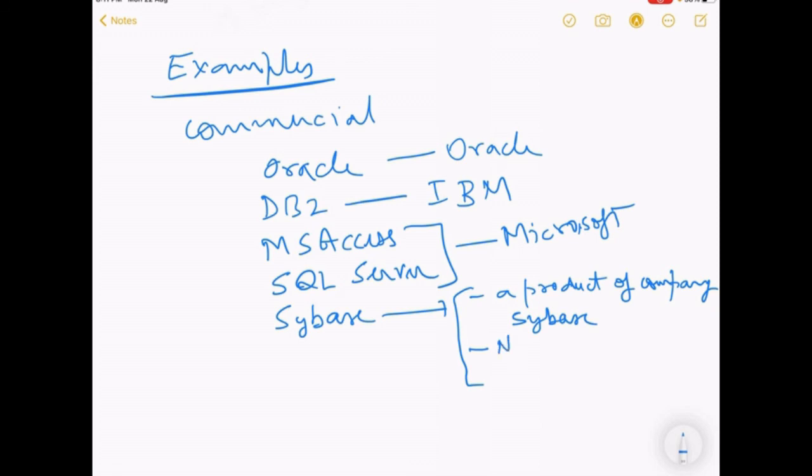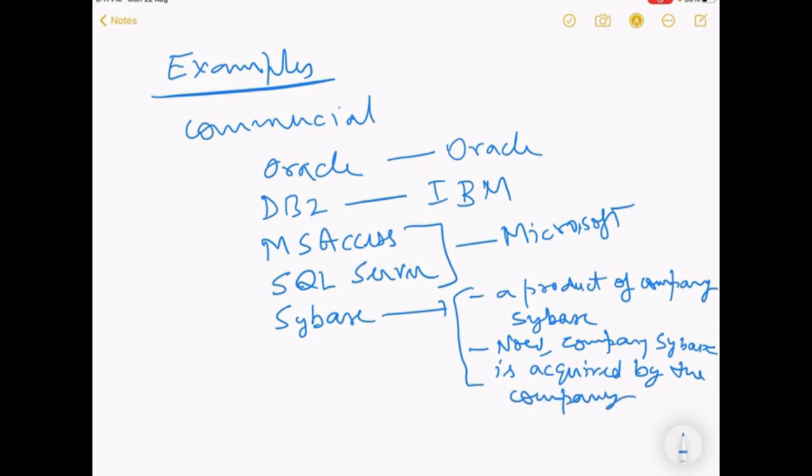So now the company Sybase is acquired by the company SAP SE.